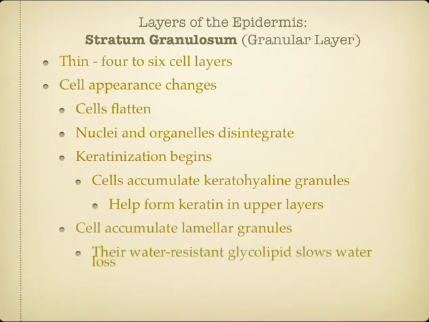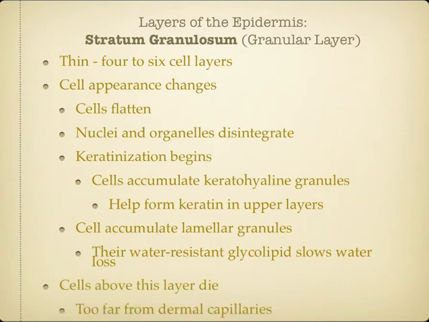These are water-resistant glycolipids which help to slow down the water loss. And cells above this layer pretty much are dead. They are too far away from the capillaries and the deep dermis to get any nutrients at all. So as we get higher and higher in the epidermis, the cells are farther away from their nutrient source, their blood source, so they are not as prone to living.